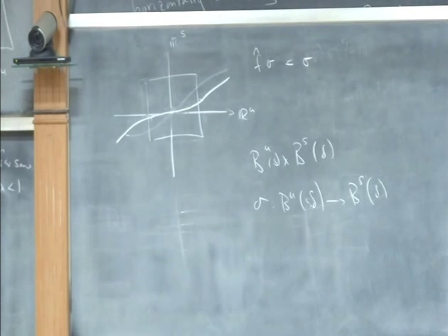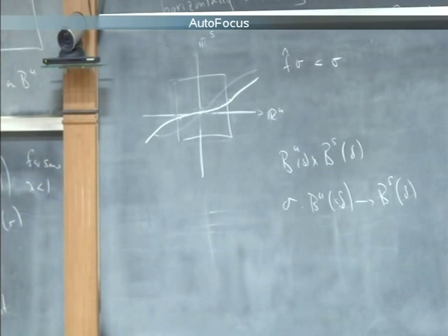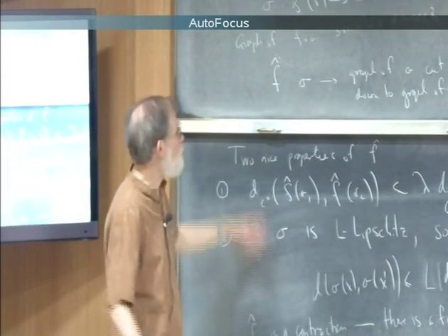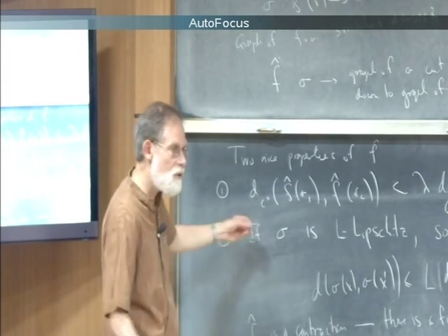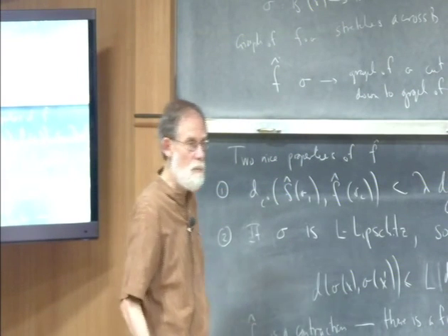So the idea is if I start off with Lipschitz functions and my f is nice and smooth, Lipschitz graphs are going to transform to Lipschitz graphs and they're going to get closer to each other in the C0 topology.